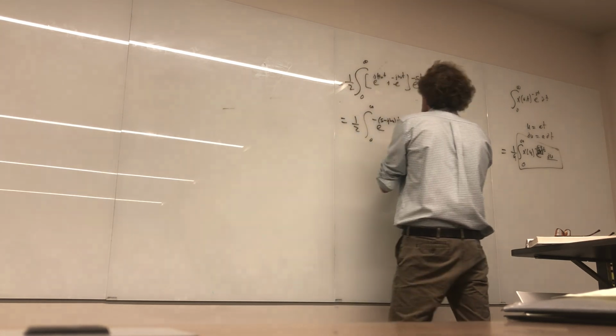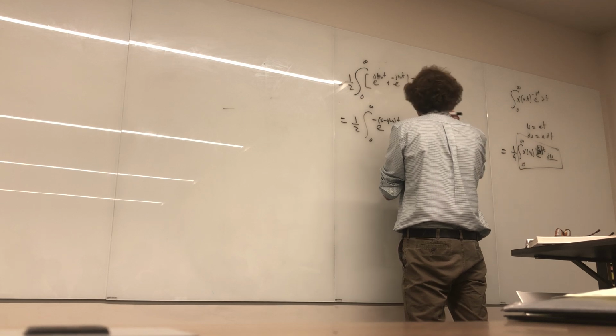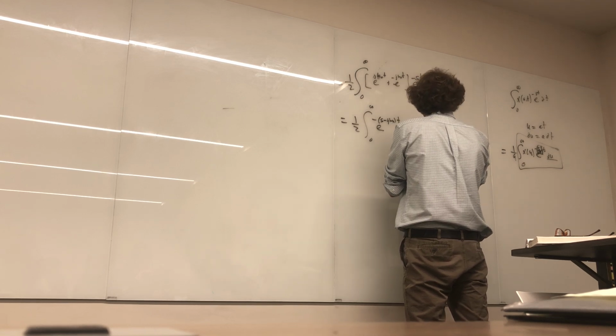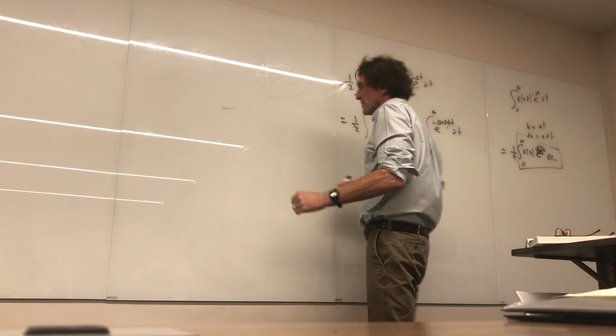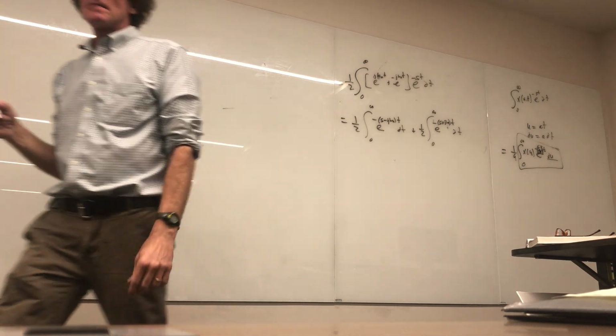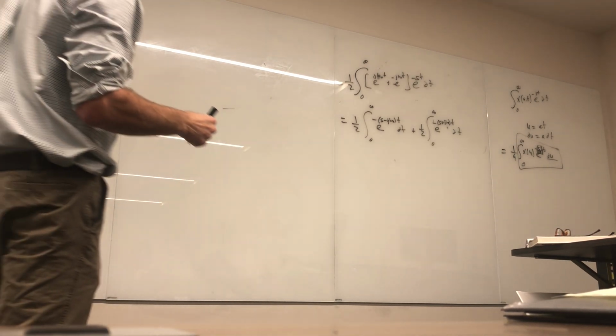And then it's going to be plus 1/2, I'll get out of your way in a second, e to the minus quantity s plus j omega naught t dt. You can see what I've done. I've simply combined the exponential terms, and now I look at this right here.